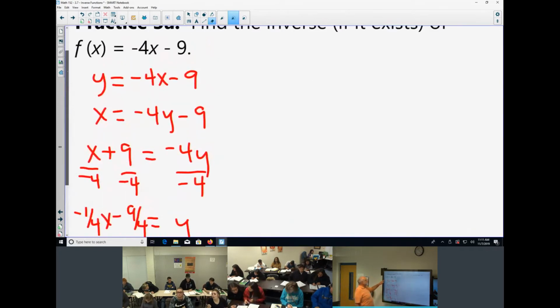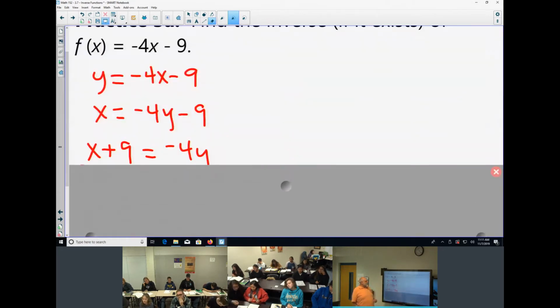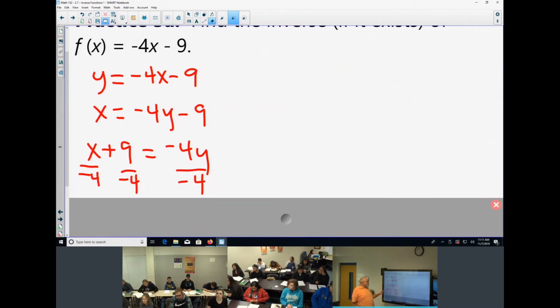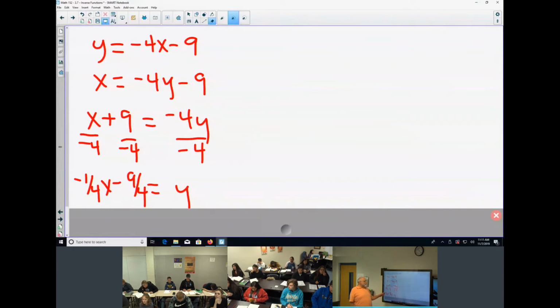So first we replace the f of x with y. Then interchange the x and the y. So you end up with x equals negative 4y minus 9. Then to solve for that new y, we're going to add 9, and we get this. And now divide everything by negative 4. When you simplify, you get negative 1/4 x minus 9/4 equals y.